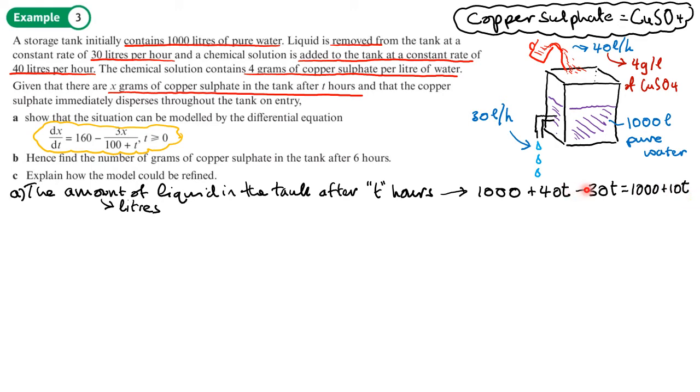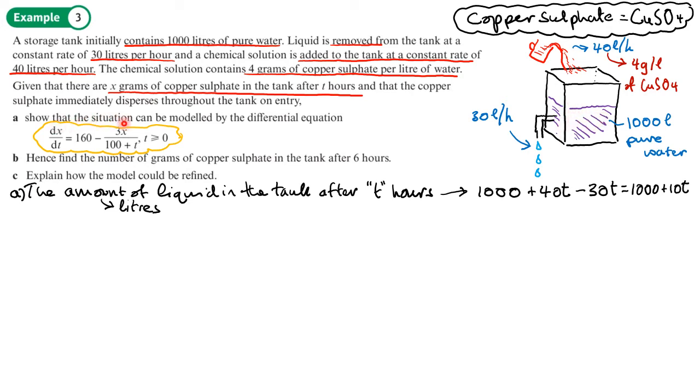Now, as the amount of liquid in the container changes, the concentration of the copper sulfate will change. Now, it's not going to be like a simple linear thing because copper sulfate is being added, and some copper sulfate is going to be lost as it's taken out. So it may be that the concentration increases or it decreases.